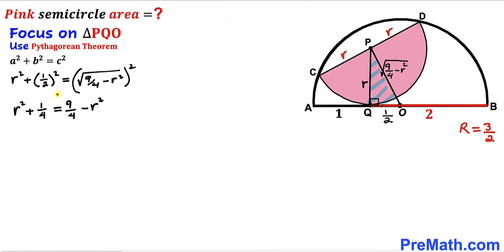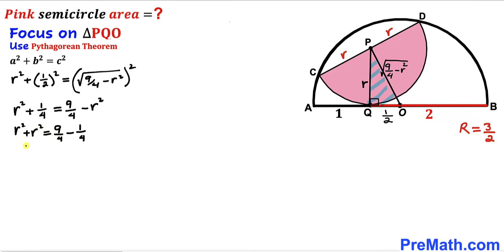And in this next step, I'm going to move this 1/4 on the other side, and at the same time I'm going to move this r square in the opposite direction. So therefore we can write r square plus r square equals to 9 divided by 4 minus 1 divided by 4.